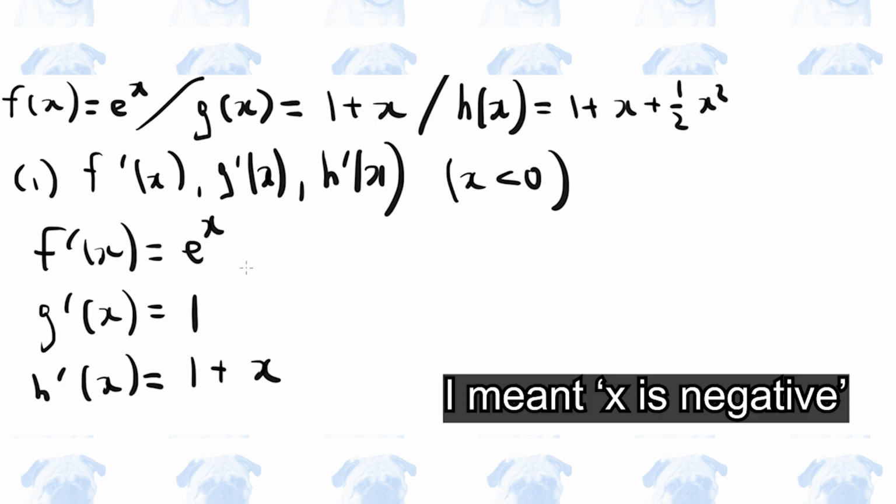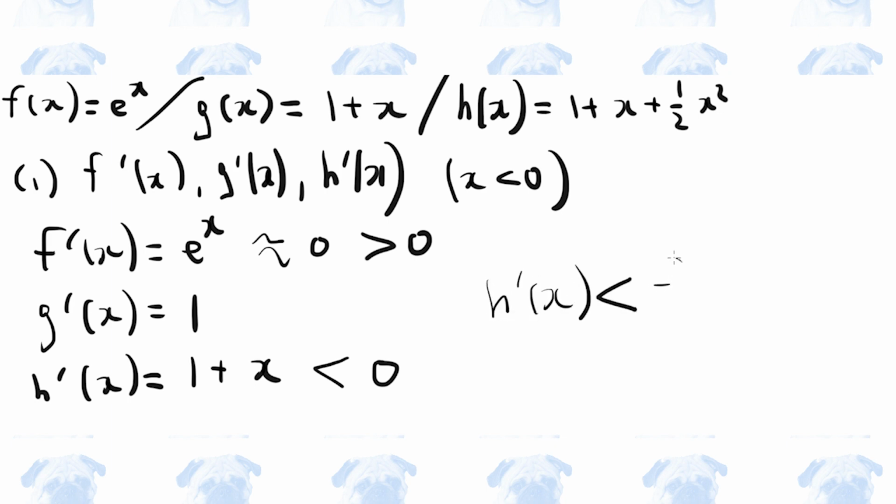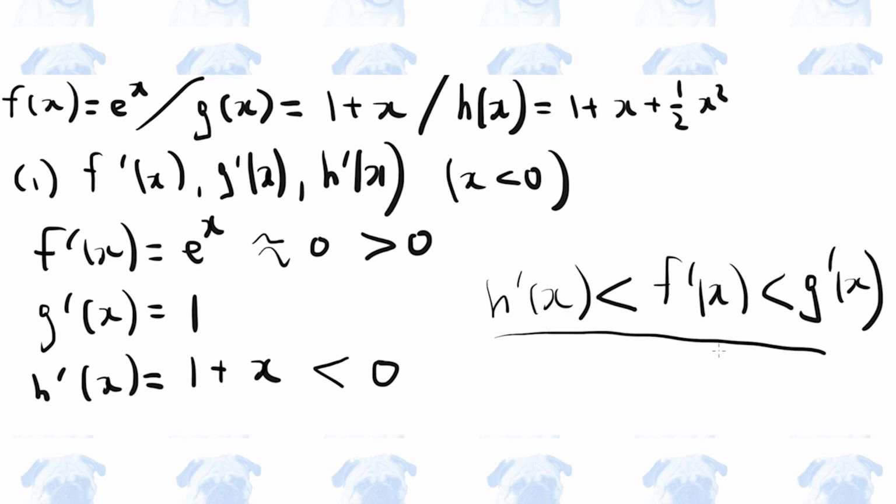When x is negative, e to the x is very close to 0, but greater than 0. 1 is a constant, and 1 plus x is a linear function, and when x is negative, this will also be negative. Ascending order means that we need to start with the smallest one, h dash of x, f dash of x, and then the biggest one is g dash of x. And this is the answer to the first question.